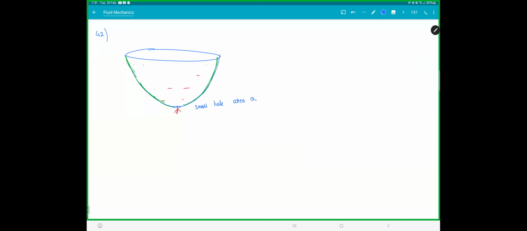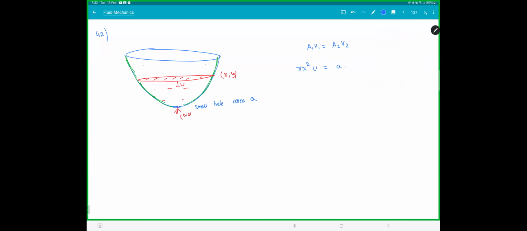After time t, let this be x comma y and let this be 0 comma 0. So you're saying this surface is coming down with u. By the equation of continuity, A1 v1 equals A2 v2. This one is pi x square and the velocity is u.